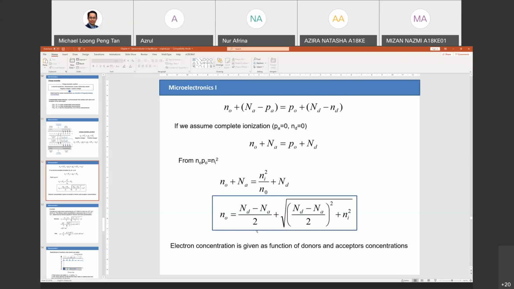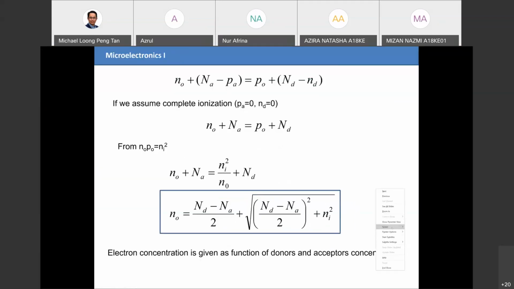So this equation is quite simple. What you see here is that NO is actually Nd minus Na. If your Ni squared is very small, you can cancel this. If Ni is small and Nd and Na are quite large, you can cancel this.